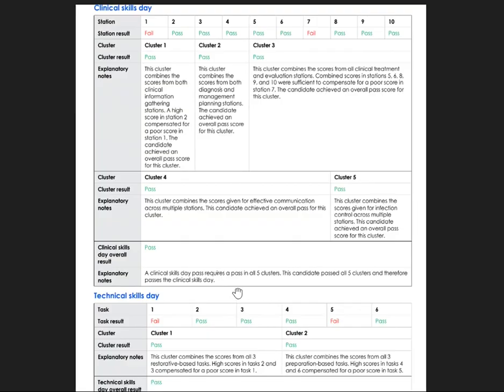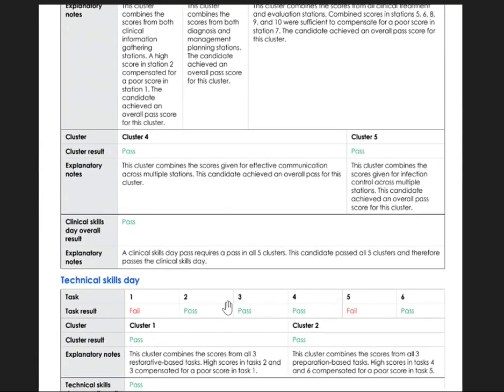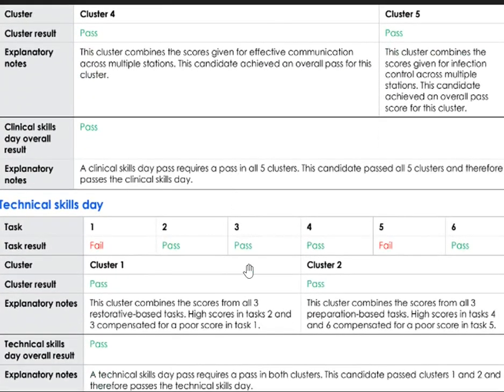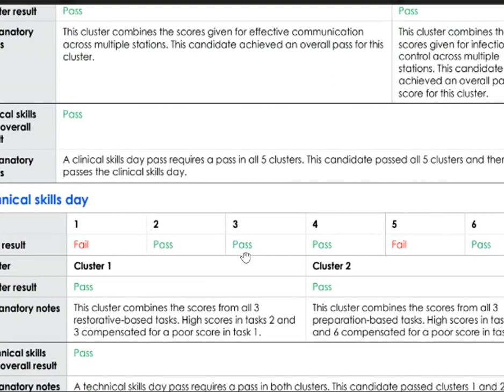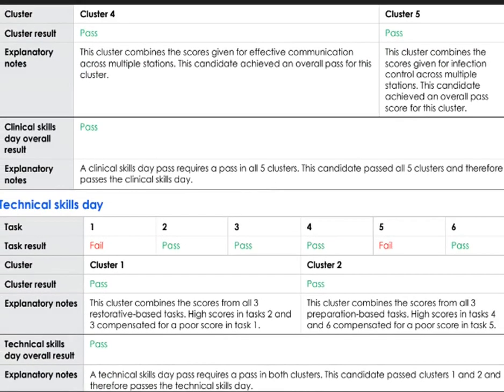Now, with respect to technical skills day, there is something very important that I want to discuss. You see over here, this candidate, let's say station 1 was composite restoration, or task 1 was composite restoration, task 2 was amalgam restoration, task 3 was provisional crown restoration.